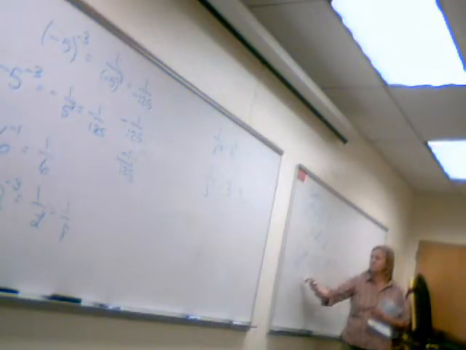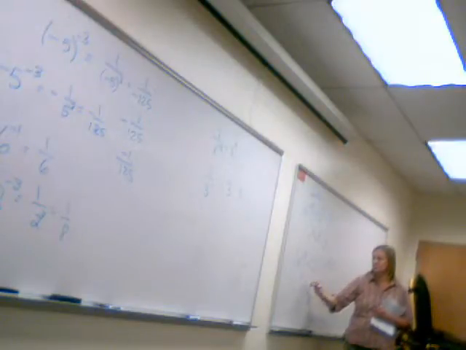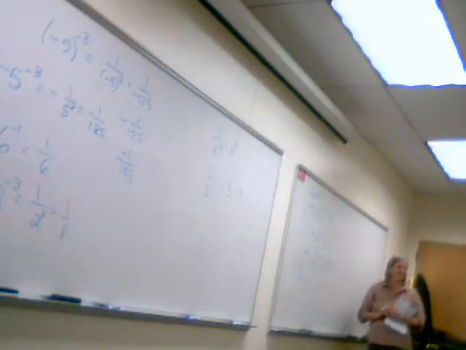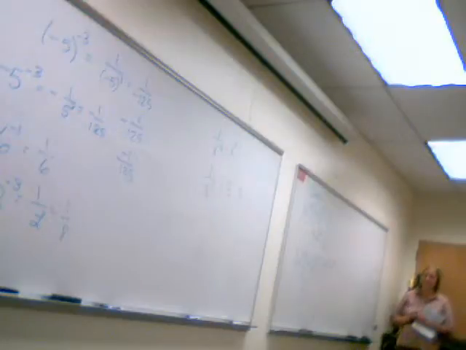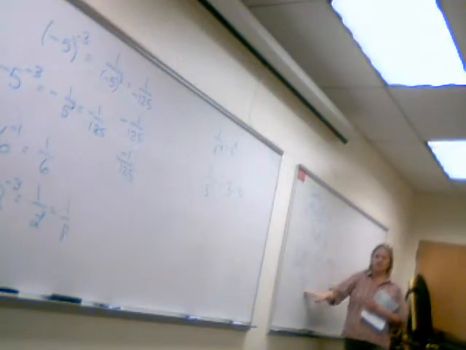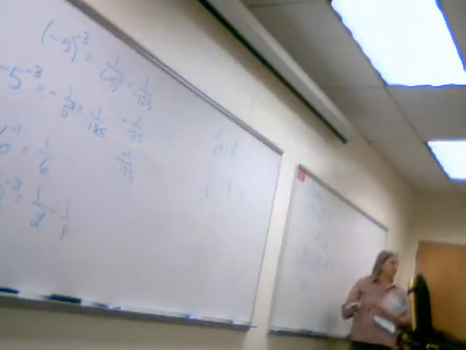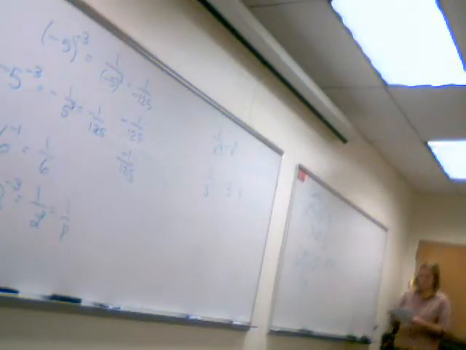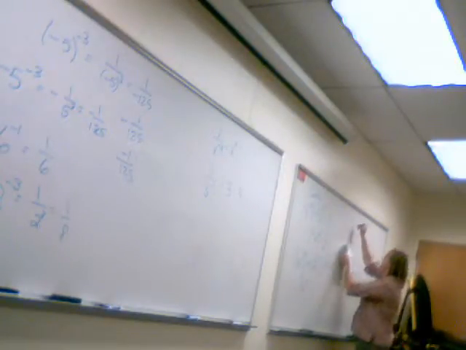Or just say a to the 2, because a negative and a negative is a positive. So this kind of shows you what it's doing. Multiplying the exponents gets you a quicker answer.